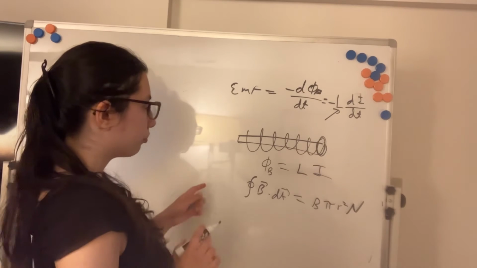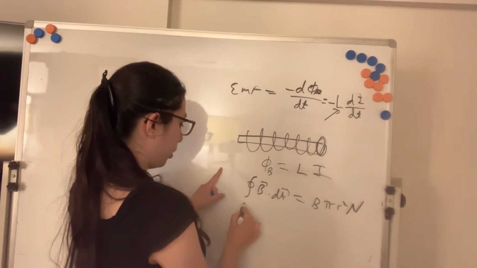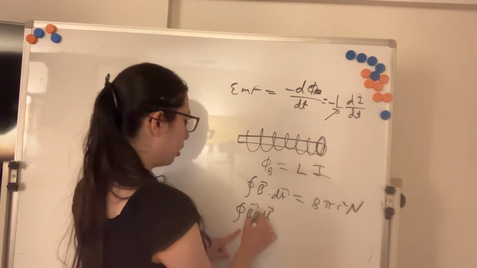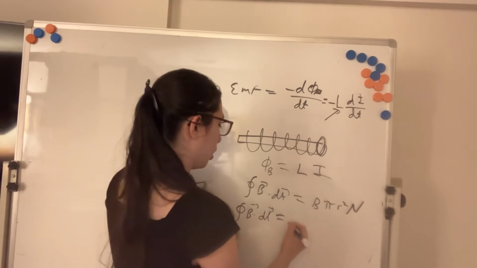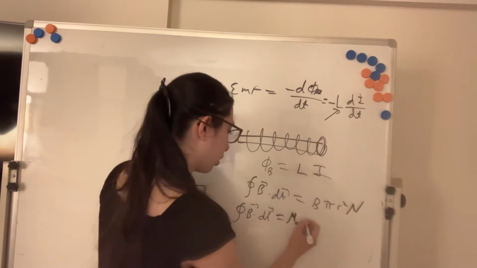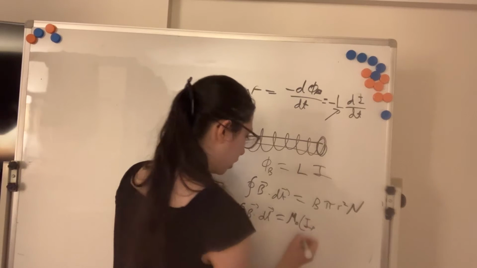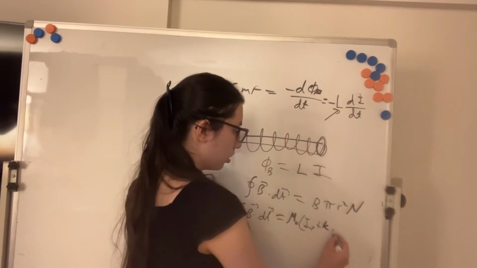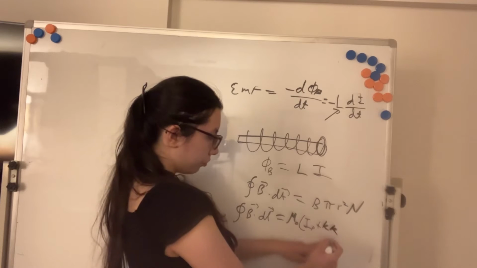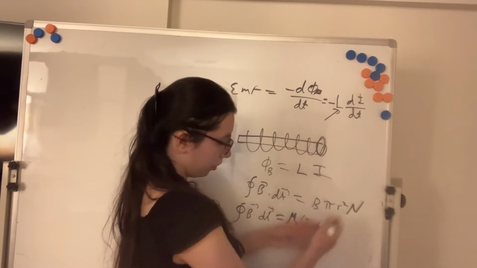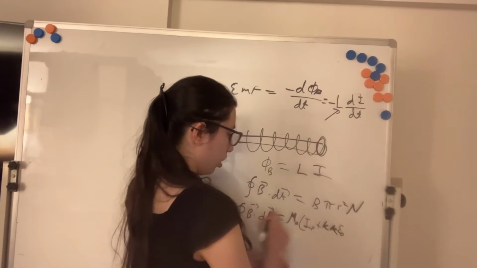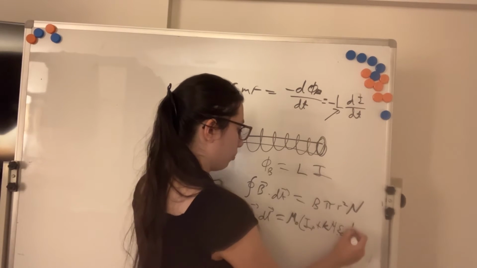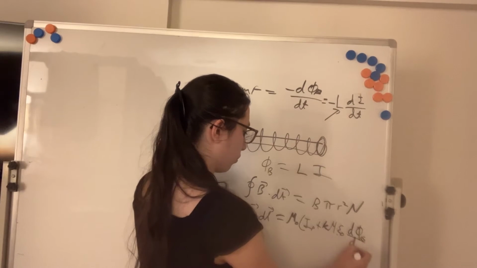Now the closed loop integral of B dot dl from Ampere's law is the magnetic permeability times the current penetrating plus the induced current, that is just the permeability constant times epsilon naught times the time derivative of the electric flux.